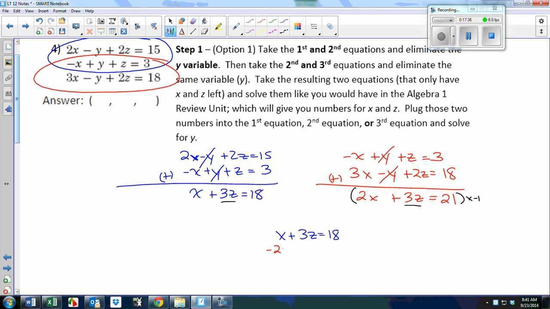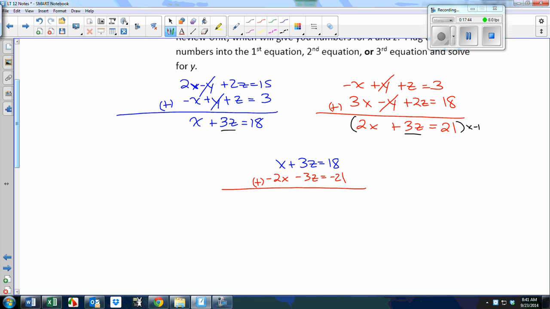So negative 2x, negative 3z, negative 21. And add them, and we get the z's cancel. We get negative x equals negative 3. So x is 3. A lot of work to get x is 3.